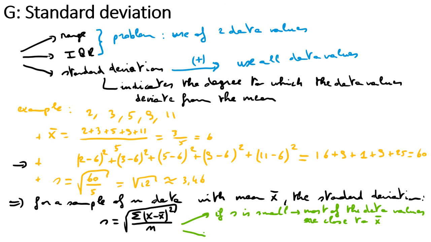And if the standard deviation is large, then we can say that the data values are spread out more, like are further away from the mean.